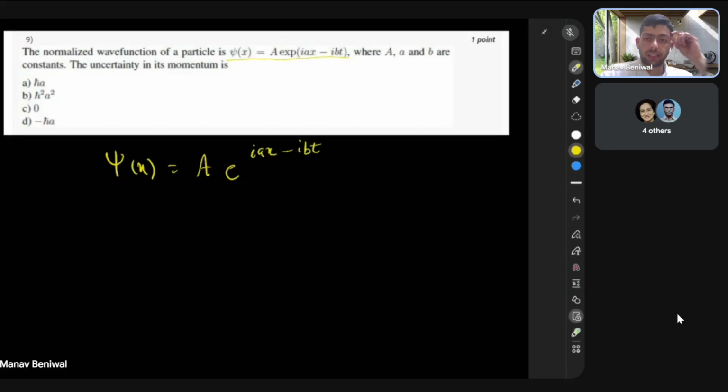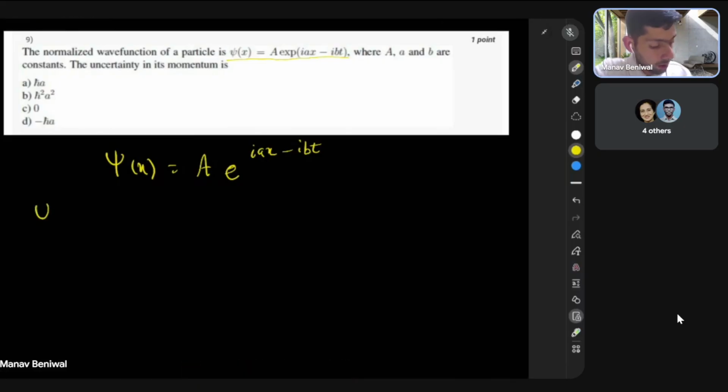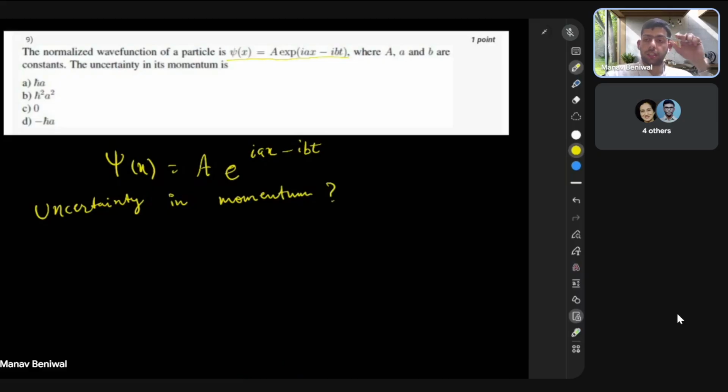So we have x and we also have t, and capital A, small a, and small b are constants. The uncertainty in its momentum is, so we are asked about uncertainty in momentum. So what is the uncertainty in momentum?